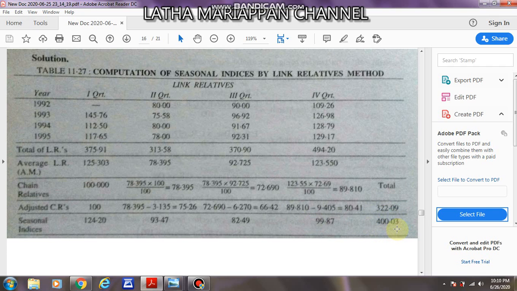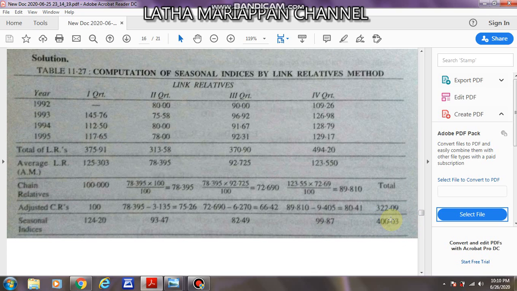Why 400? It is approximately 400, a rounded figure. So the third quarter is 82.49. For the fourth quarter, take 80.41 divided by 322.09 into 400, and we will get 99.87. If you add these values, approximately you will get 400.03, that is 400.